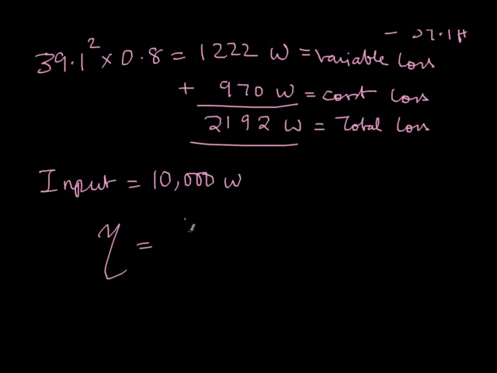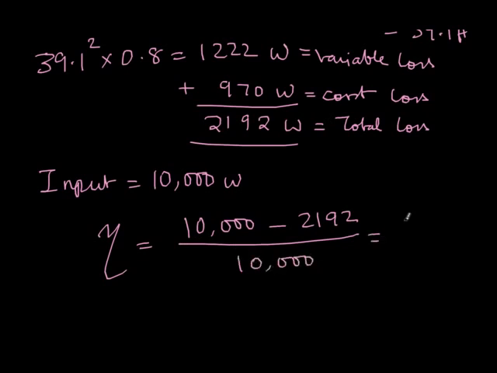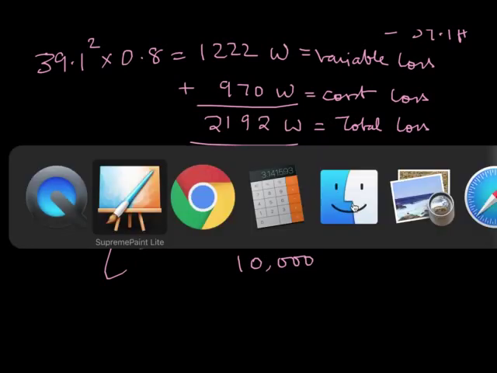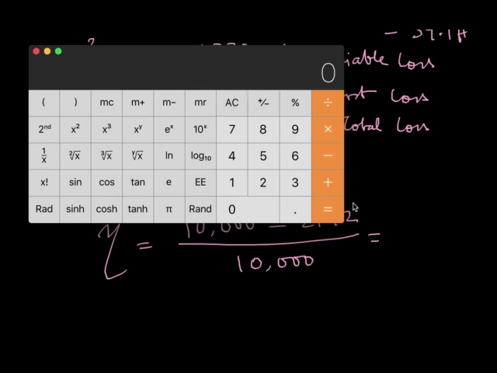So efficiency is input minus losses divided by input. So let's do that. 10,000 minus 2192. So 7808.